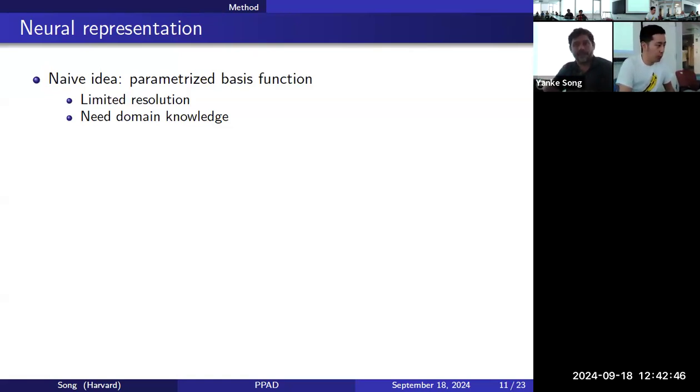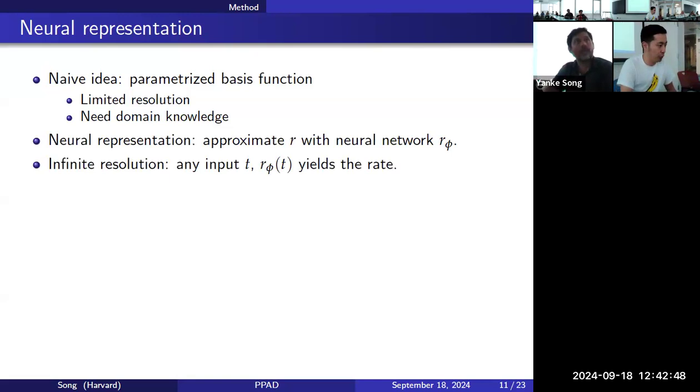So what I'm going to propose instead is to fit R by a neural network. This is actually becoming really popular in the machine learning literature. You might hear neural representation somewhere, or neural field, or neural operator. Basically, they're kind of equivalent. They're all approximating a function, in this case the light curve, with a neural network.